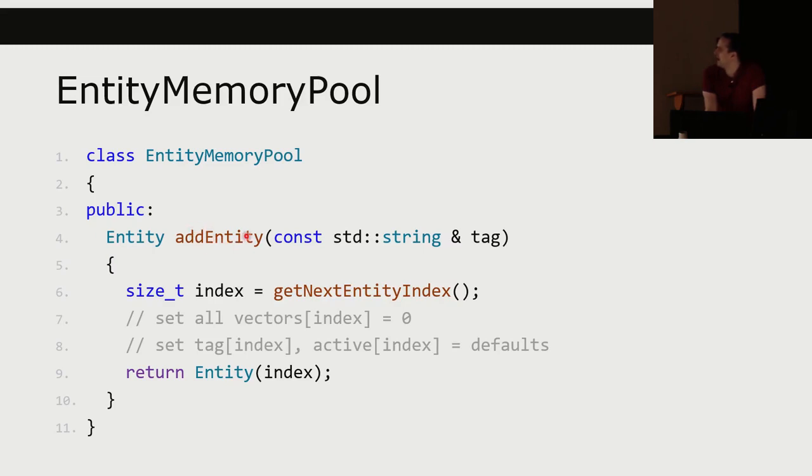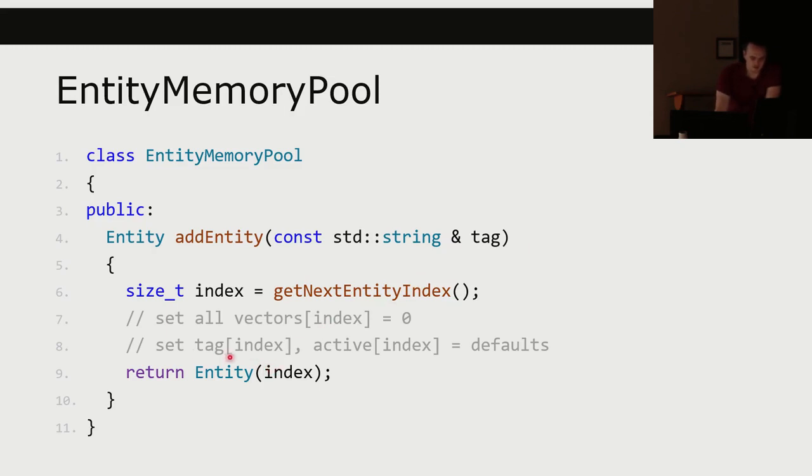So if we want to add an entity, we essentially have to have some function which says, hey, get me the next free index in the memory pool that I can actually store something. Okay? So once you get that new index, you basically have to zero out all the data of those components, which is still far less expensive than creating a new entity on the heap.